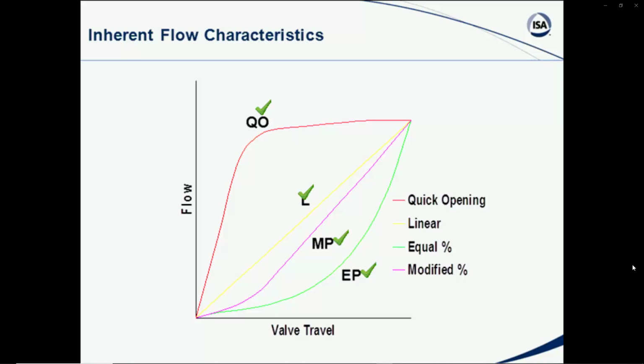And again, if you looked at the application of these, you'll find that the equal percentage is the most applied, and also that these are the inherent flow characteristics, but you're installing this valve in a nonlinear system. And when you install it in a nonlinear system and you begin to take into account the system pressure drop, then you have to look at the actual installed flow characteristics.